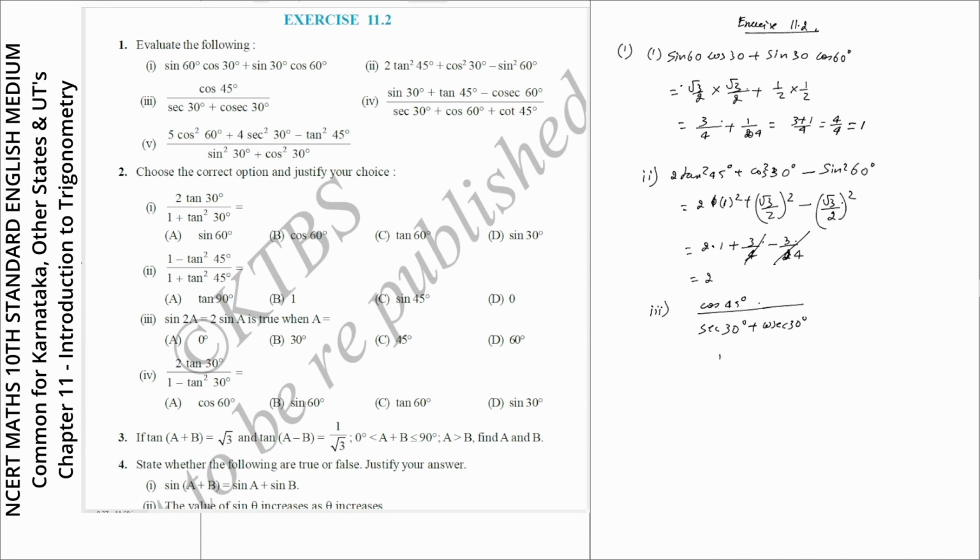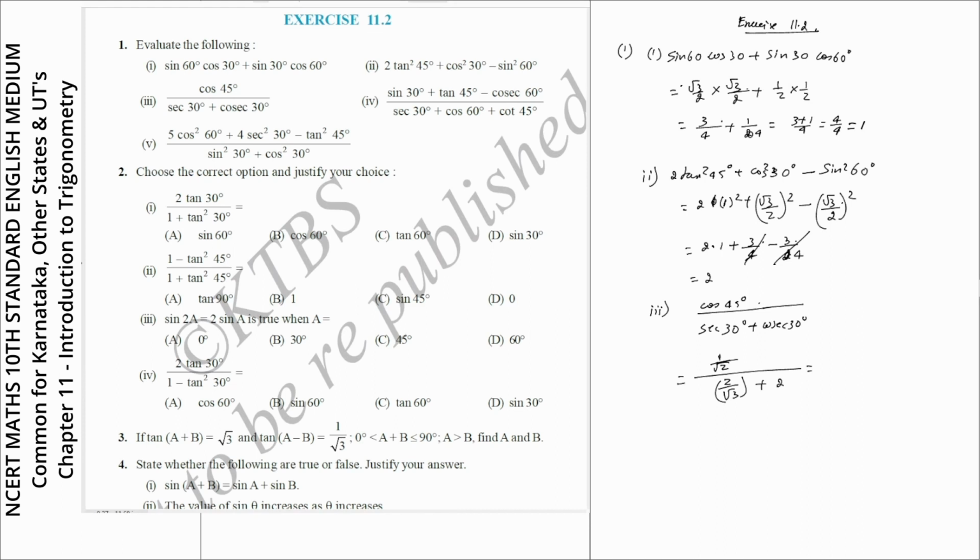So 1 by root 2 divided by secant of 30 degree. Secant of 30 degree is 2 by root 3, plus cosecant of 30 degree. Cosecant of 30 degree is 2.